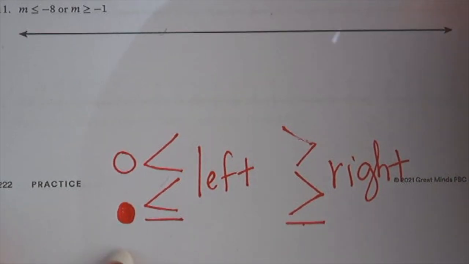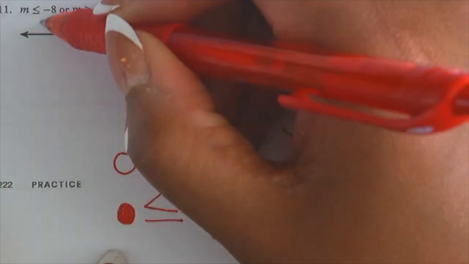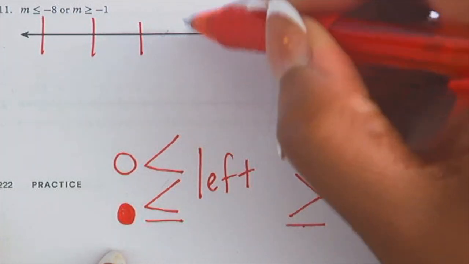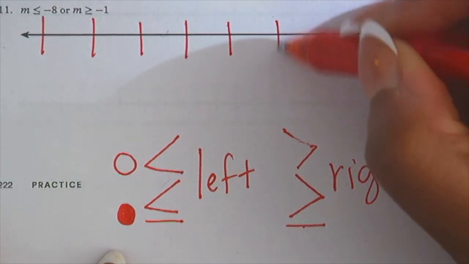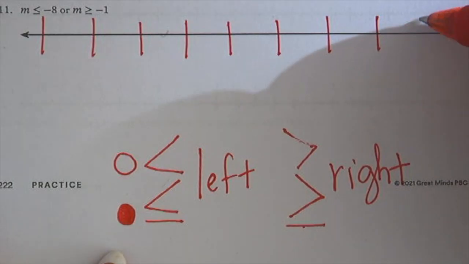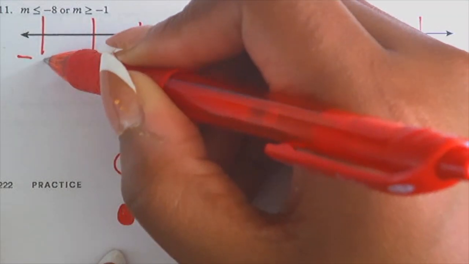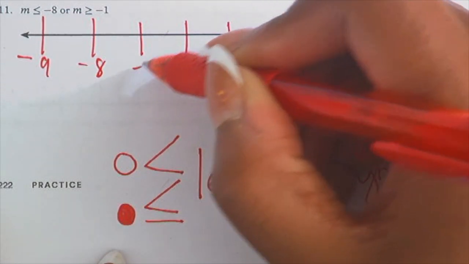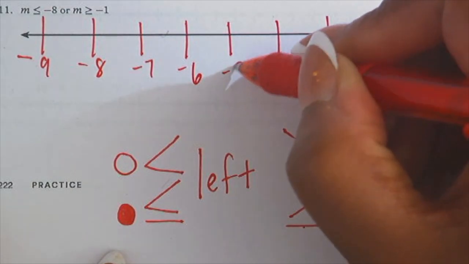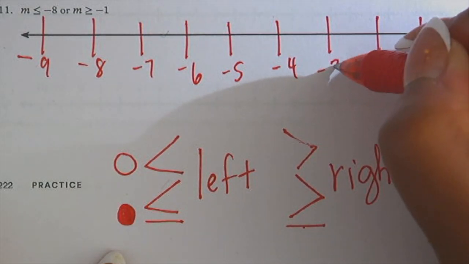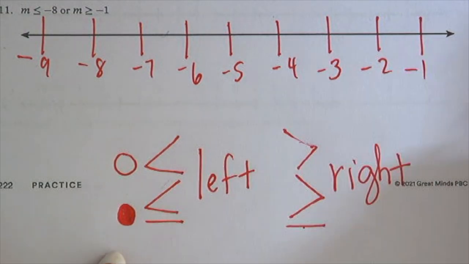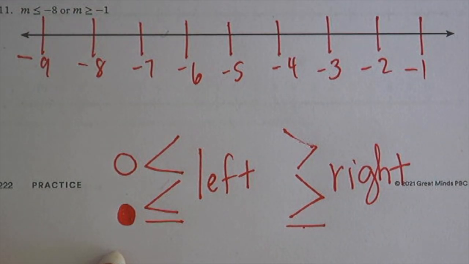Let's do number 11 together. Okay. M less than or equal to -8.